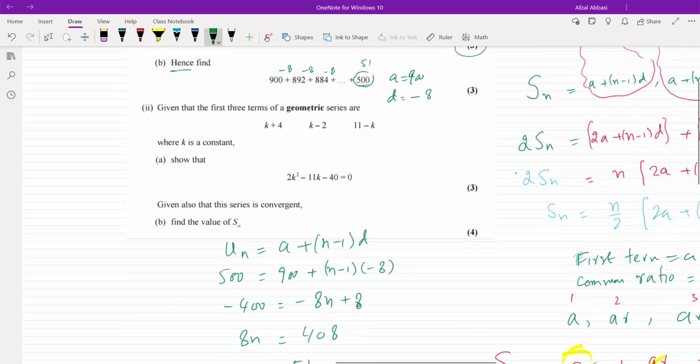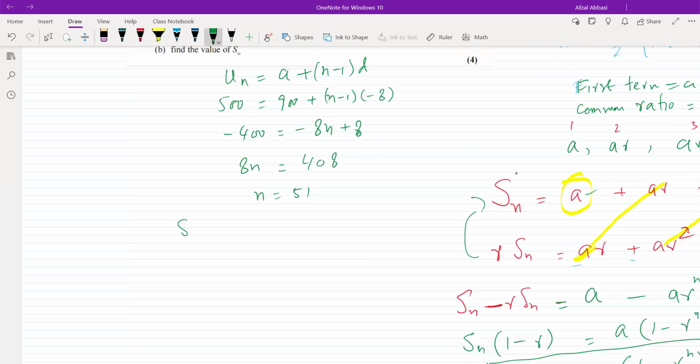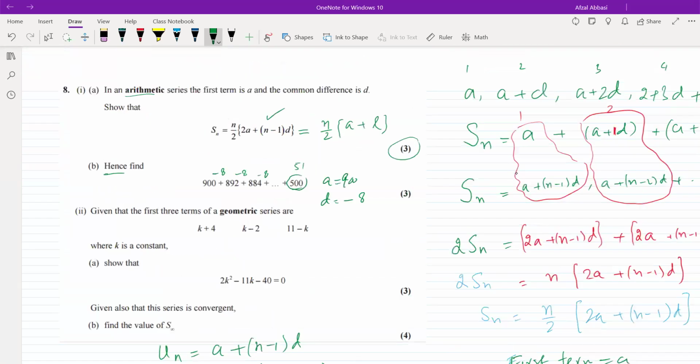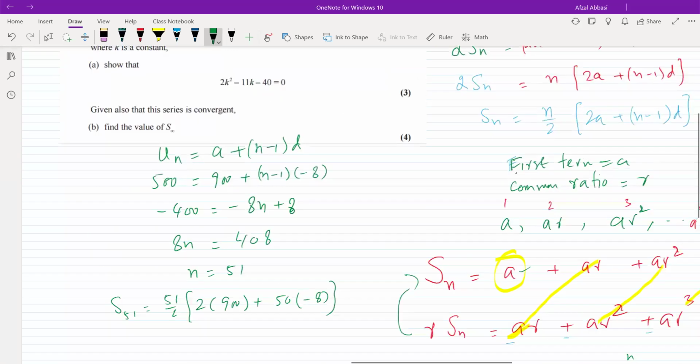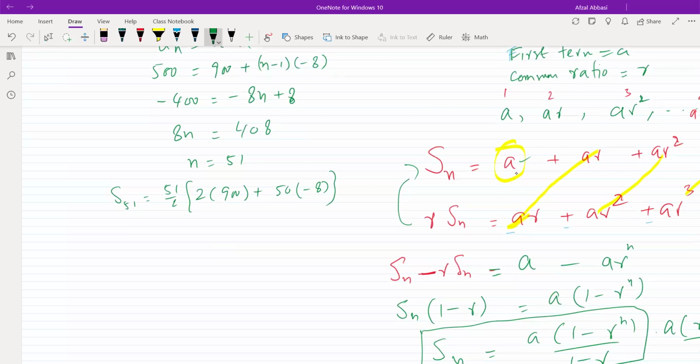So now we can use the sum formula. Sum to n terms, meaning sum to 51 terms, will be n over 2 times 2a plus n minus 1 times d. So 51 is n, so n minus 1 means 50 times d. Or if you want, you can use the formula a plus l directly, just adding the first and the last term, and we can get the answer. That is quicker, but anyhow, we have written this now, so we can continue with this.